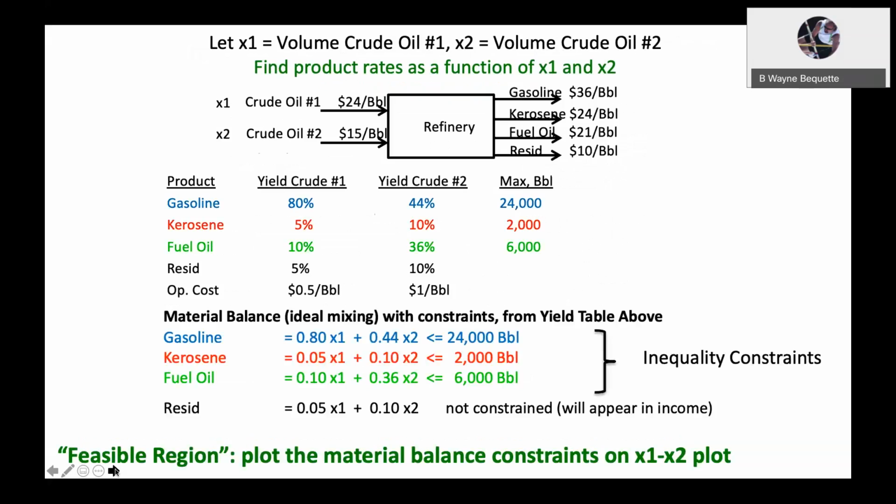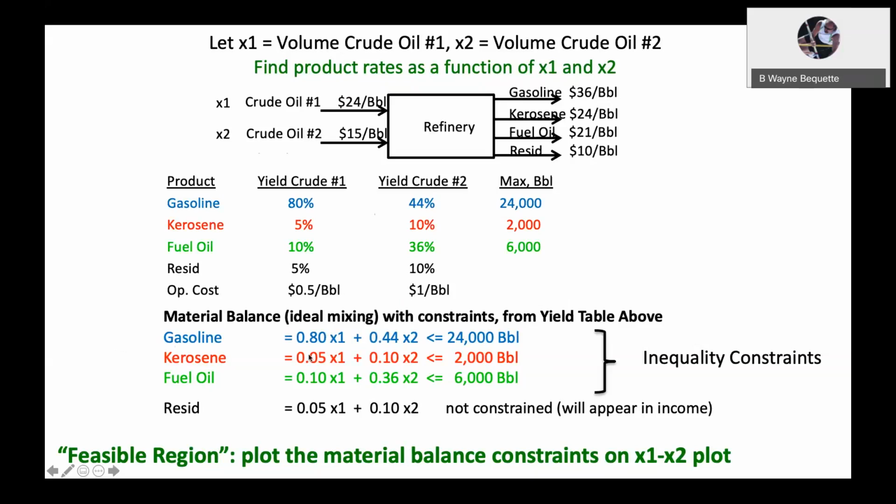So for gasoline, because the yield from crude oil 1 for gasoline was 80%, that means whatever value we have for the crude oil in terms of number of barrels that are going to be processed, then 0.8 times that value, X1, plus 0.44 times X2, because the yield of gasoline from crude oil 2 is 44%. So that's the amount of gasoline that's being produced, and the constraint is 24,000 barrels of gasoline.